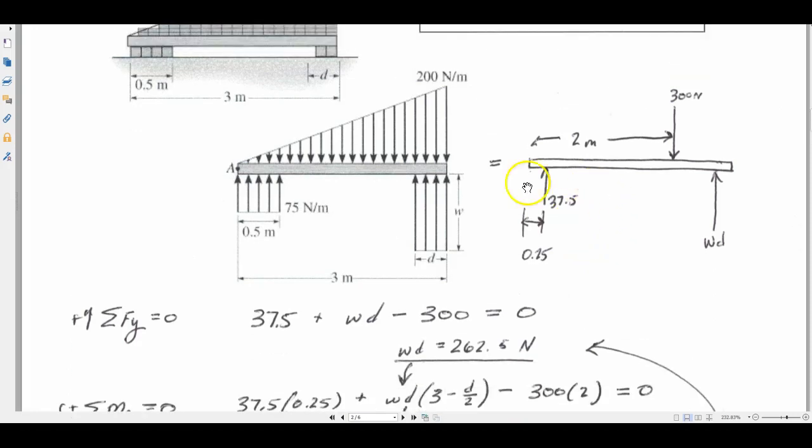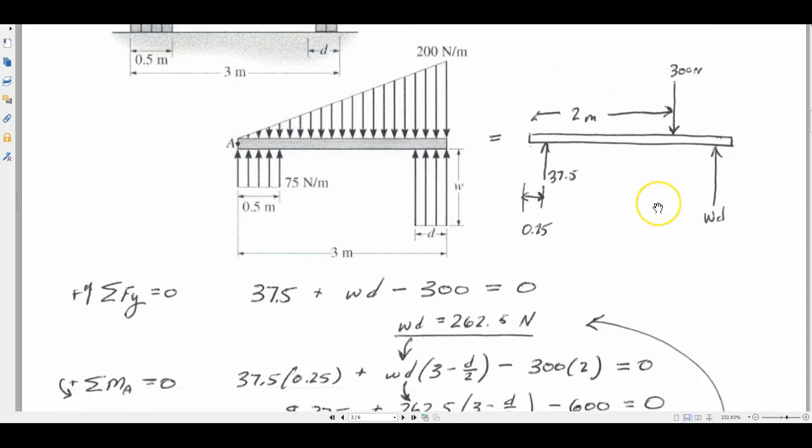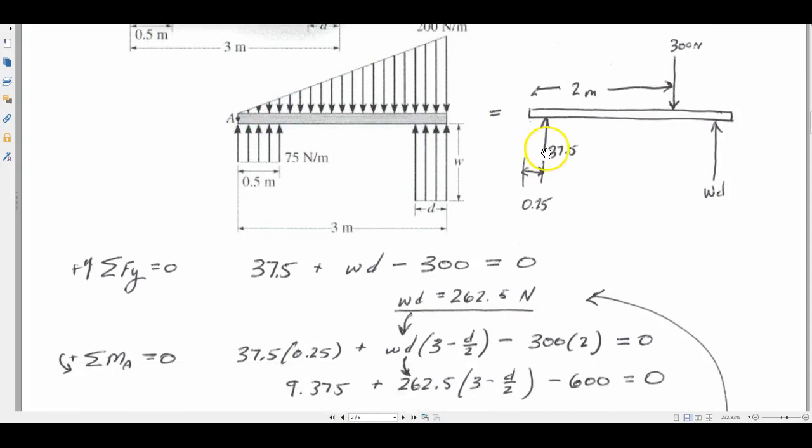Alright, so then I have to sum the moments about A. I have 37.5, the force here at the bottom left, times its perpendicular distance to A, which is only 0.25 because it's very close to A. Then I've got this WD force, which is 262.5. What's its perpendicular distance to A?